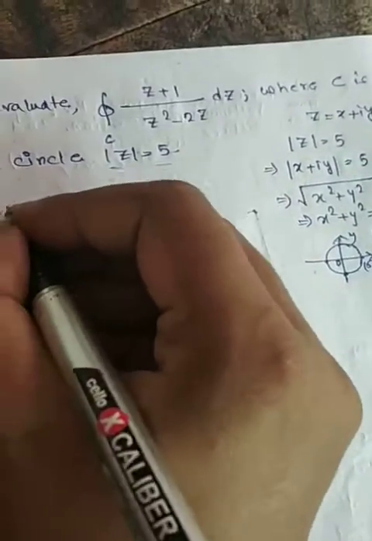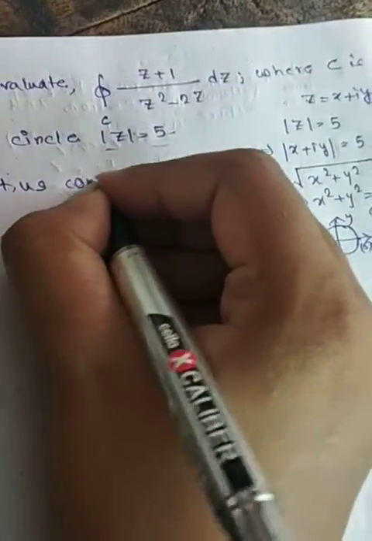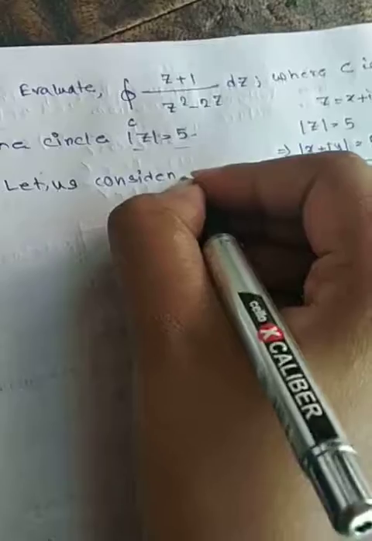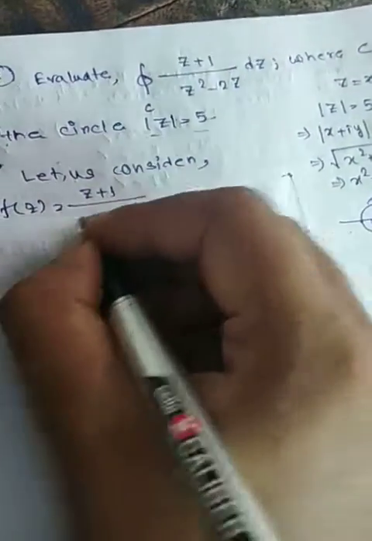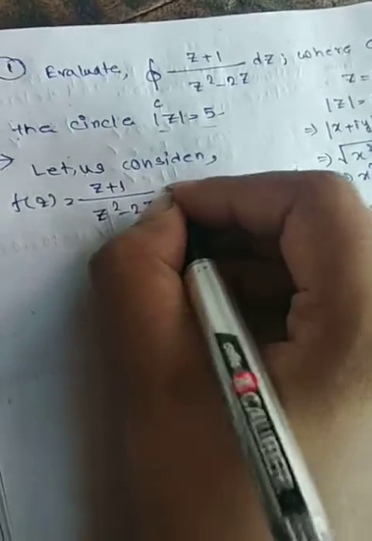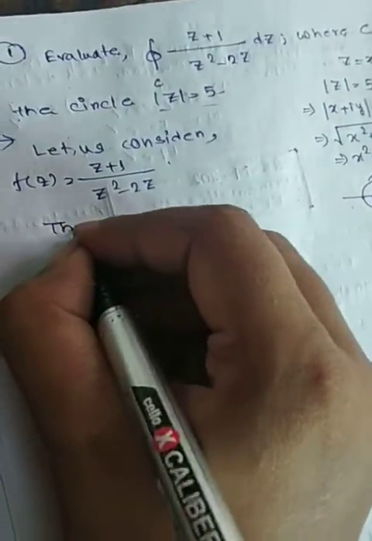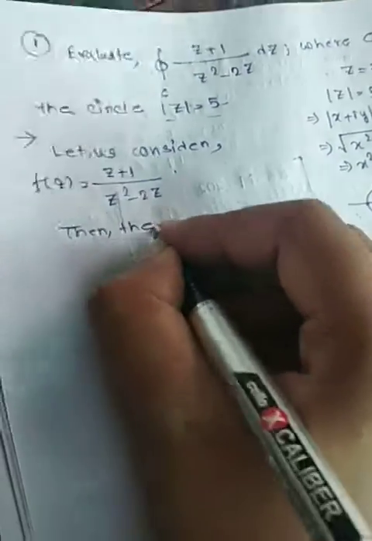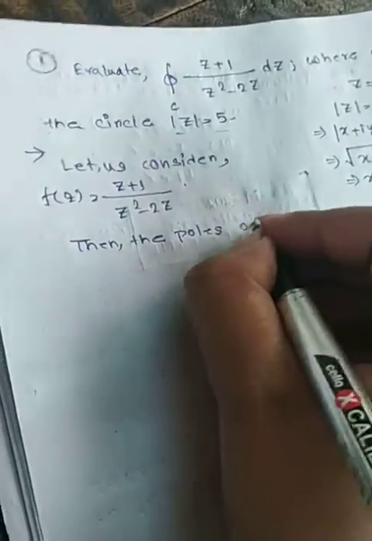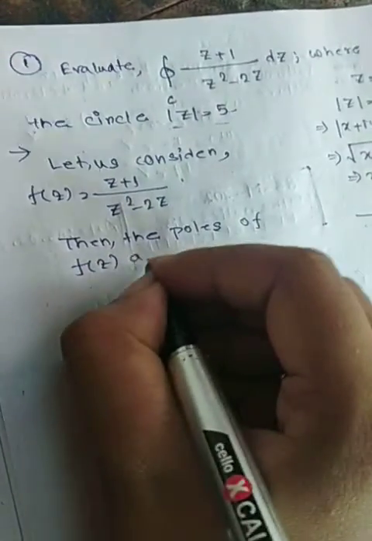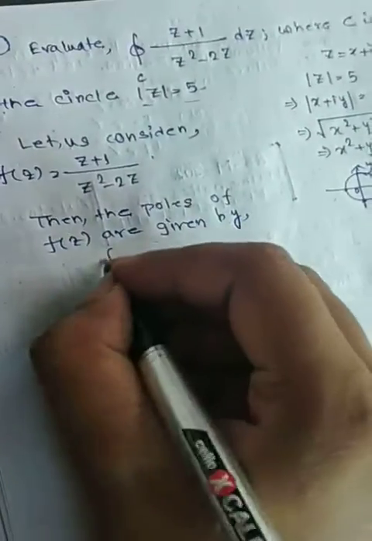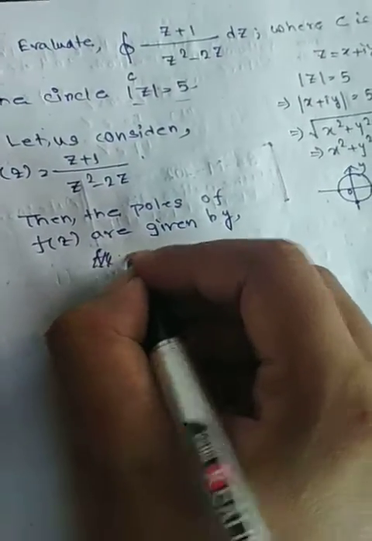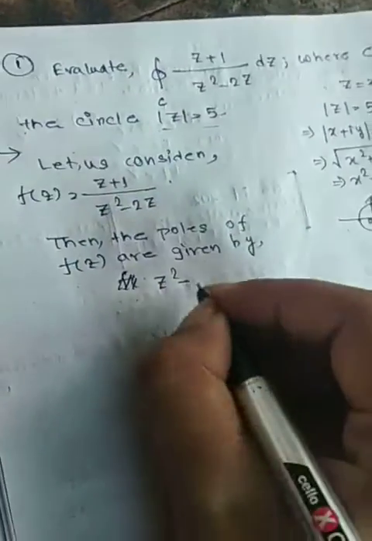Our solution is, let us consider f(z) equals (z plus 1) over (z square minus 2z), this is our given function. Then the poles of f(z) are given by the denominator part.